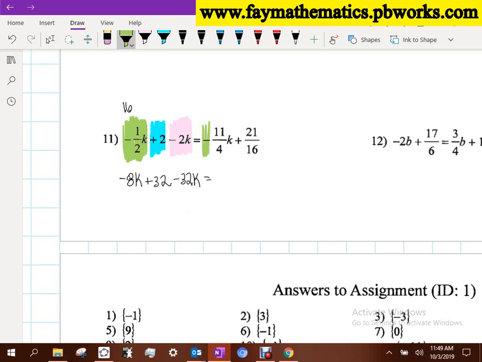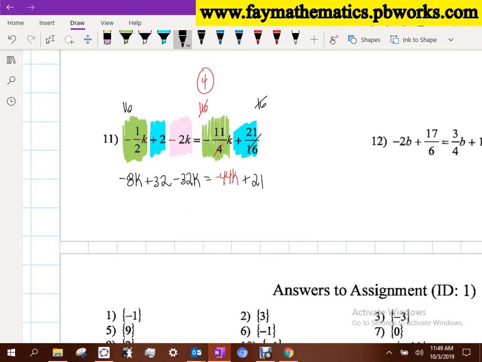If we multiply this one by 16, so here's where maybe it gets a little bit difficult. Multiplying that by 16, that 16 and that 4 will divide and leave me 4. So I'll have only 4 times this negative 11, so it gives me negative 44k. And then we'll multiply this one by 16. It's back to a little bit of an easier one. 16, 16 cancel, leaves me just 21.